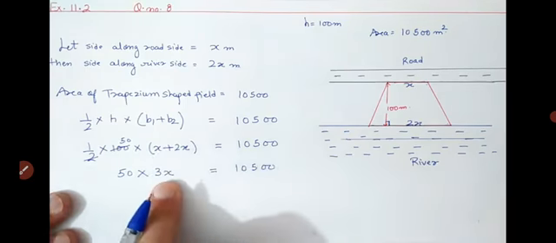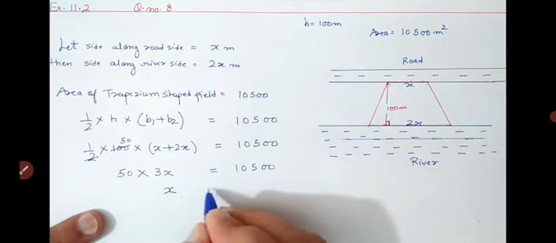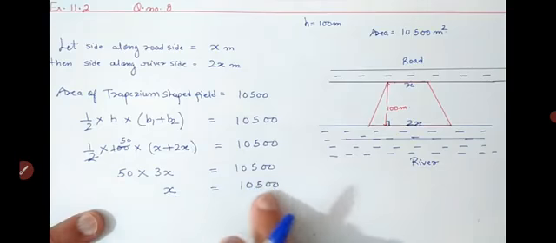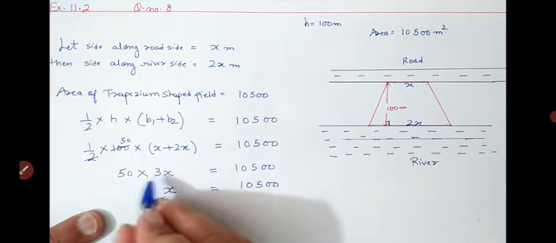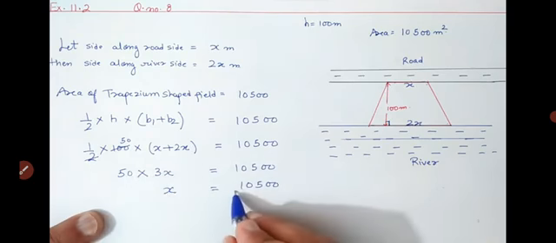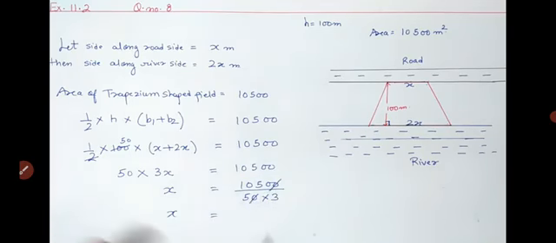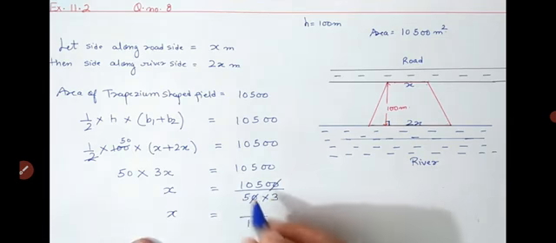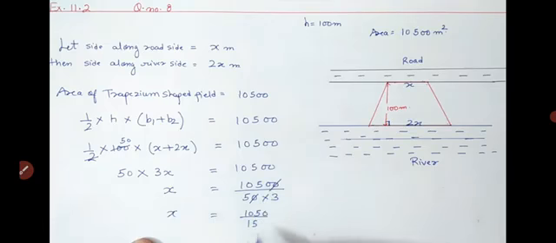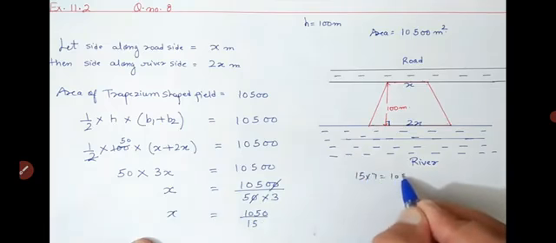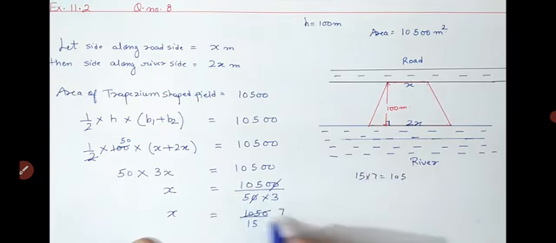Okay, so 3x is equal to 10,500 upon 50 into 3. 50 into 3, that is 150. ओके, 0 से 0 कट कर दीजिए. 5 1 जा 5, we can get 15 1 ja 15, 15 7 ja 105 and we can get 70. ओके, so x is equal to 70.